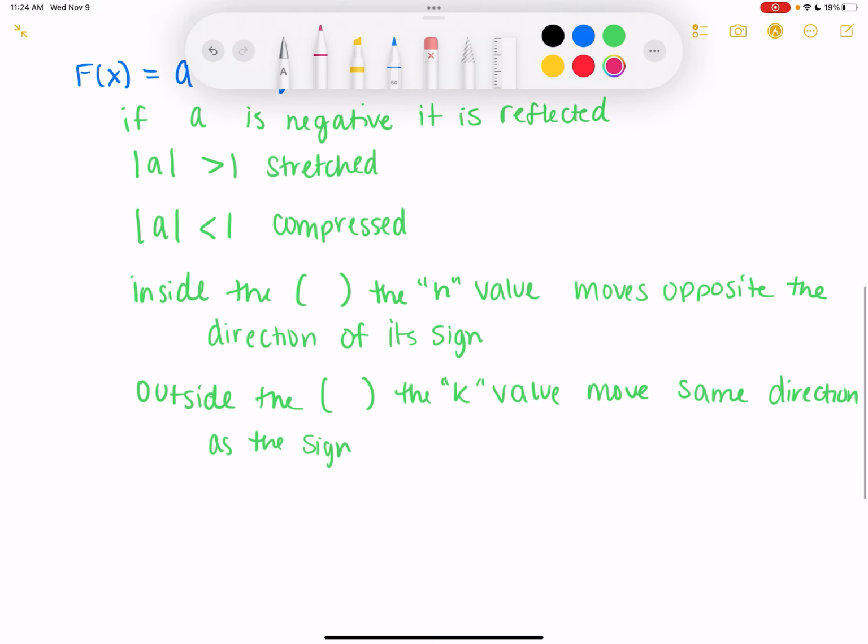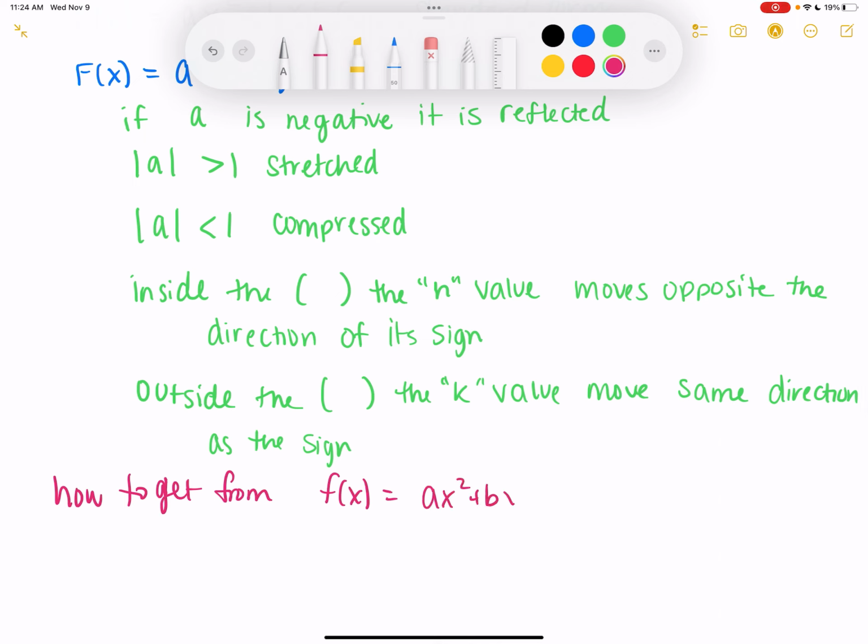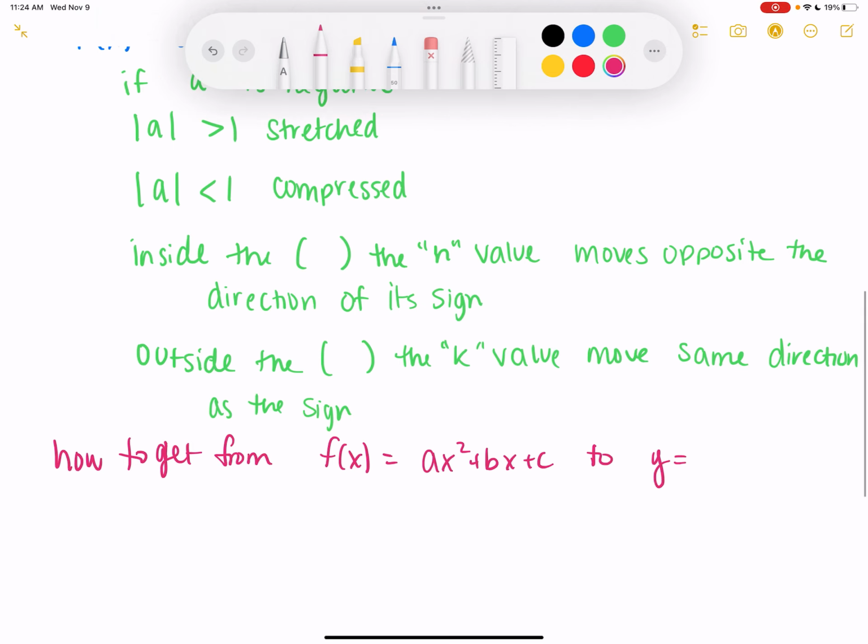So how to get from f of x equals ax squared plus bx plus c to y equals, and y or f of x mean the same thing, a times x minus h squared plus k.